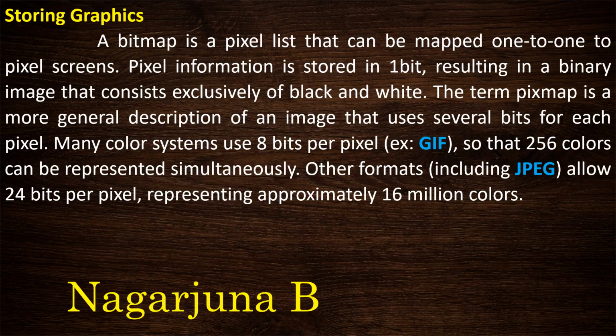Whereas GIF can represent only 256 colors because it uses 8 bits per pixel, JPEG, the Joint Photographic Experts Group format, is capable of representing approximately 16 million colors, as each pixel has 24 bits.